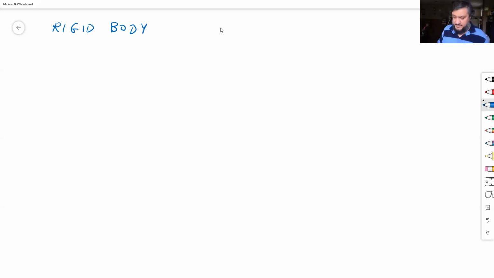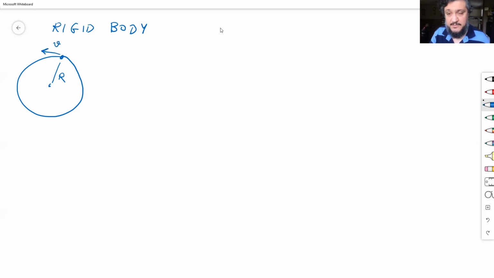But in circular motion, what we did was use point particles and observe the motion in a circle. So this could be the path of a satellite orbit around the Earth with a given radius and tangential velocity.